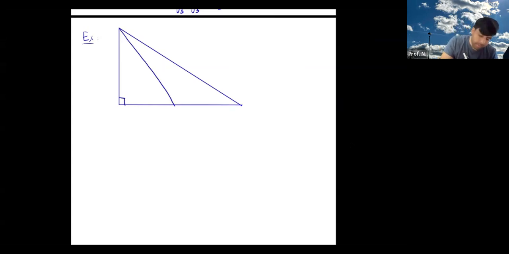So this angle here is 60 degrees. This angle here is 30 degrees. And this is 85. And what I'm interested in is this x. So I want to find x.